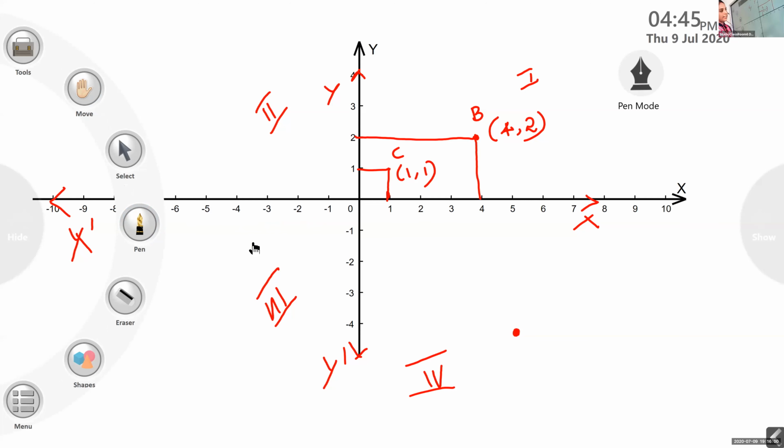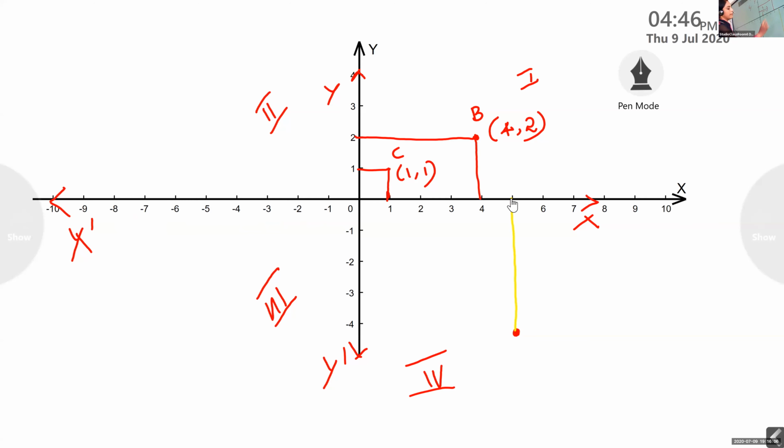Upwards. Very good. And what did you get? 5. And left side, negative 4. Clear?